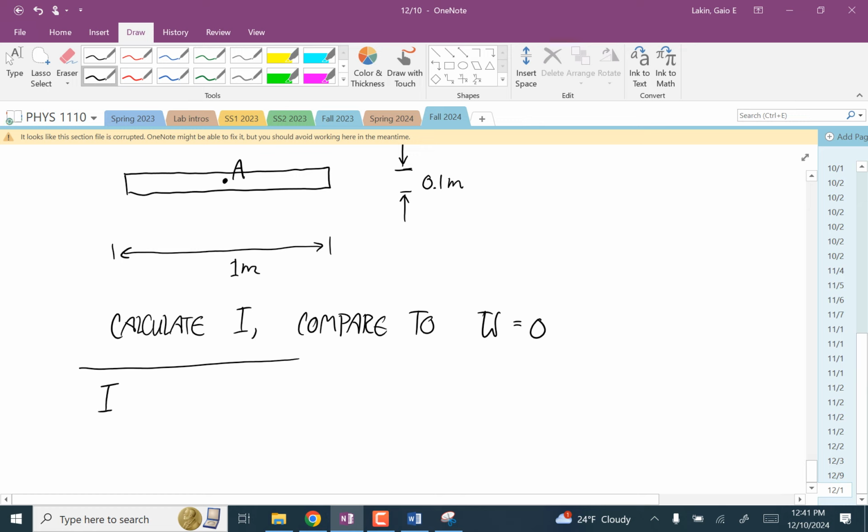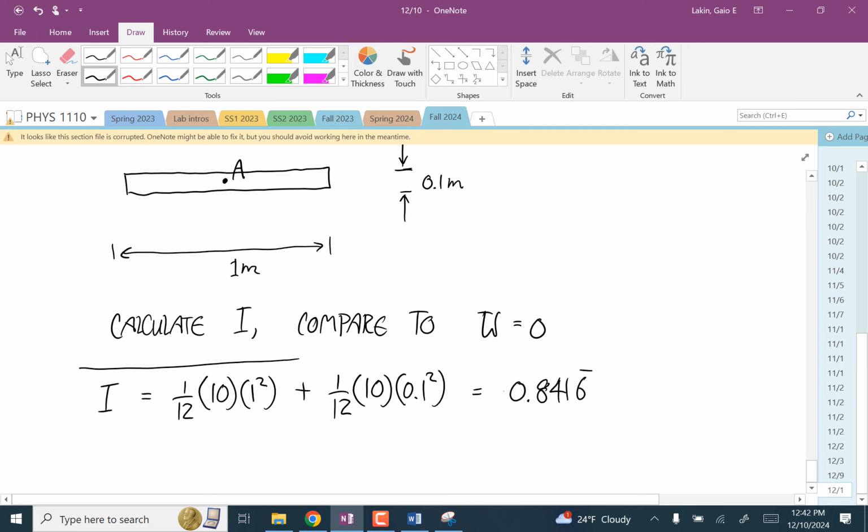Okay, so if we include that width in there, this formula says it's 1/12 times 10 times 1 squared plus 1/12 times 10 times 0.1 squared. And that gives 0.841, and then 6 is repeating.